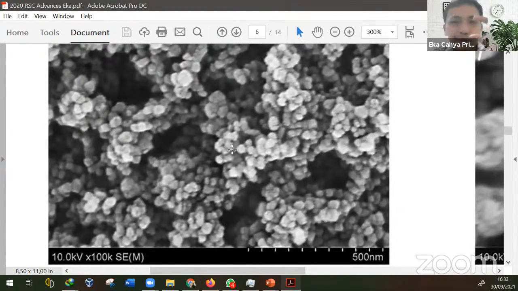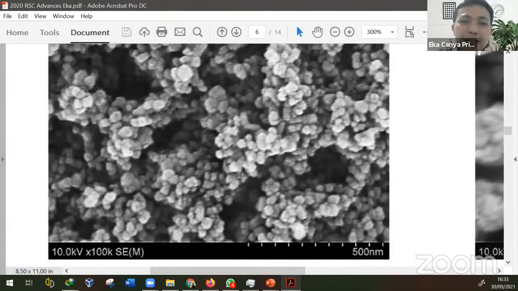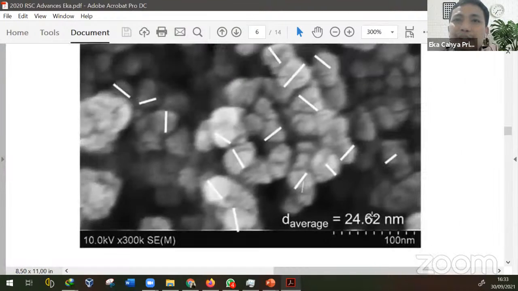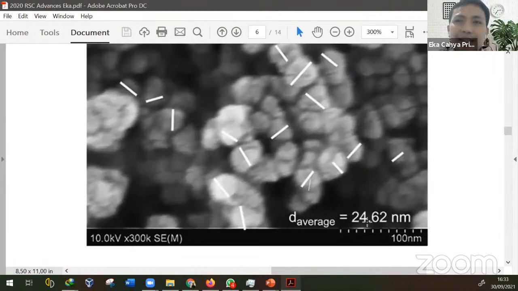When we zoom in at 100,000 times magnification, it is a powder, and we see the grains of titanium dioxide. We calculate that the average grain size is 24.62 nanometers.